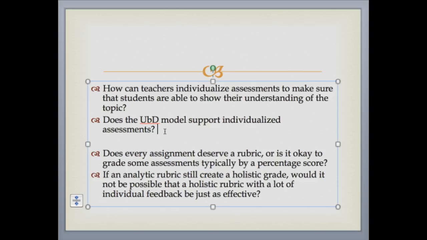So, yeah, if a holistic rubric includes a good quantity of individual feedback, that could, in some cases, be just as effective as an analytic rubric, where there are some sort of phrases circled on the rubric, and the student doesn't really get as much individual information out of it.